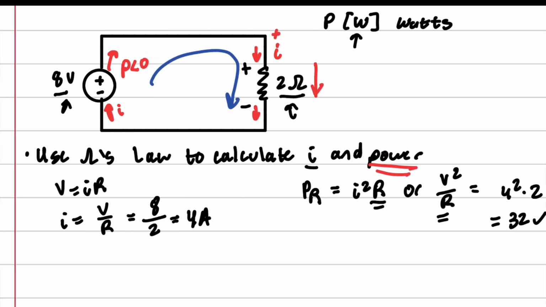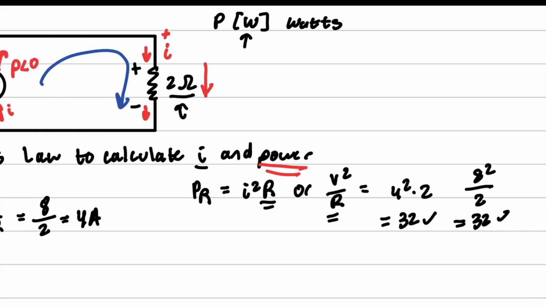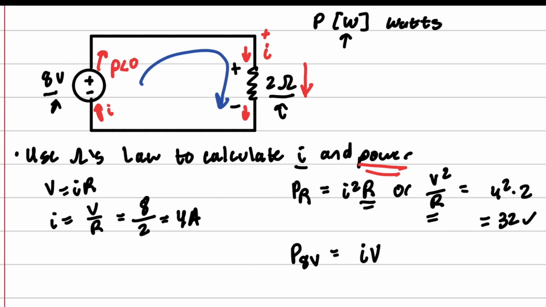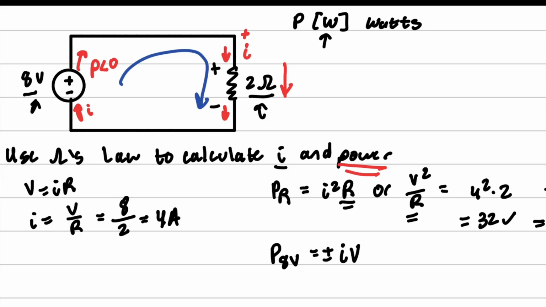Now, let us find the power of the battery, or if you want to be more specific, the 8-volt battery. Here we're going to use IV, and remember what I said, the more complete version is P equals plus or minus IV. Now, what do you think? Will this power be positive or negative? I kind of gave the answer already.